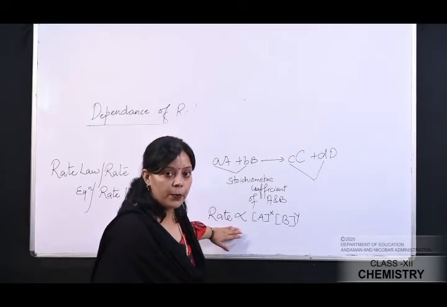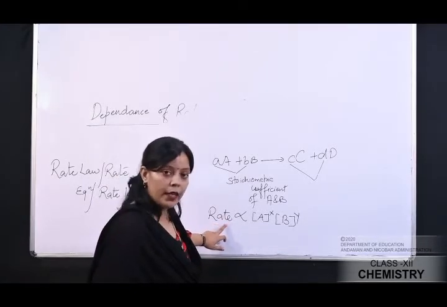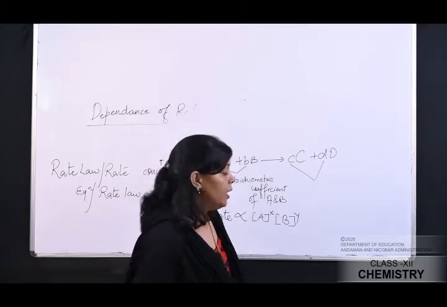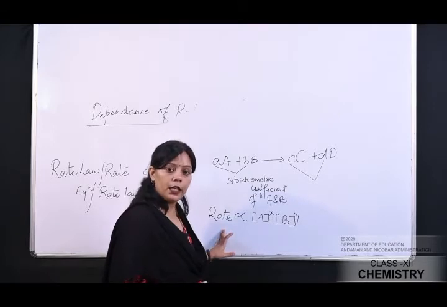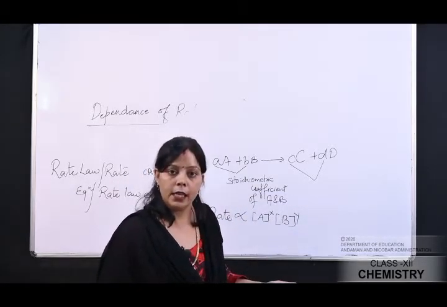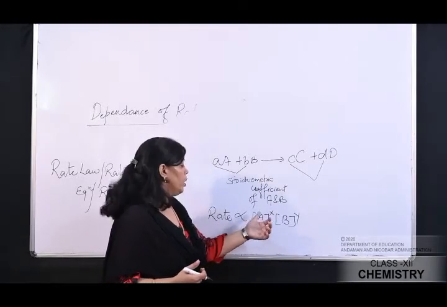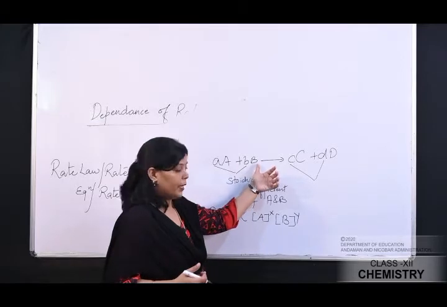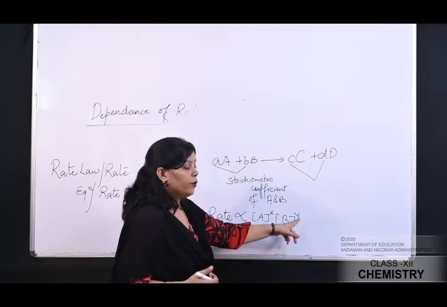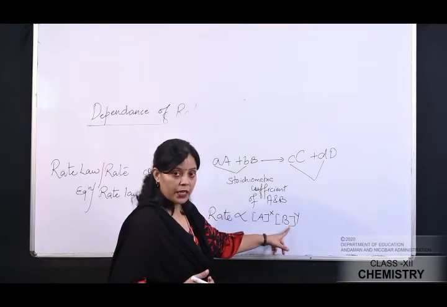As I have already explained, the experimental studies show that the rate of the reaction is directly proportional to the molar concentration of the reactant. The rate of the reaction increases with increase in the concentration of the reactant, and the rate of the reaction decreases with decrease in the concentration of the reactant. It means the rate of the reaction is directly proportional to the molar concentration of the reactant, with each reactant raised to some power. Here x and y are the exponents of A and B respectively.